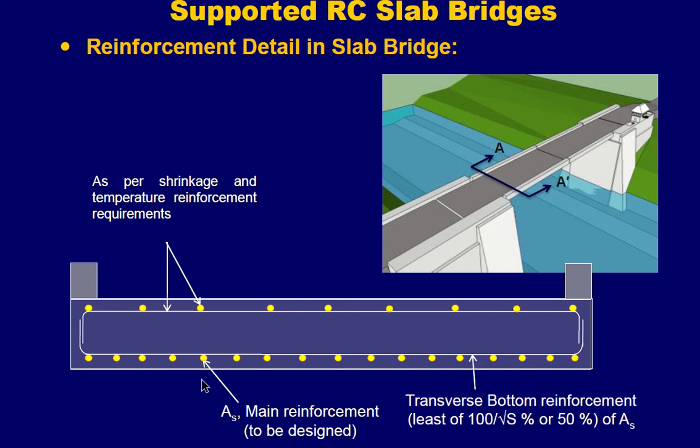However, at the bottom, the longitudinal bars are the main reinforcement to be designed. As we saw, the maximum bending moment is in the direction of the movement of the truck, which is this direction, so the main bars are these bars. However, the bars in the transverse direction at the bottom are the ones we were talking about, which should be the least of 100 divided by the square root of S, or 50% of the main bars.